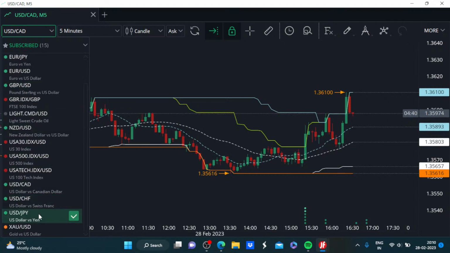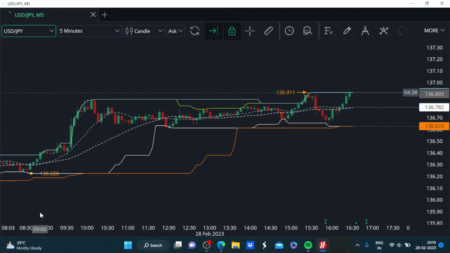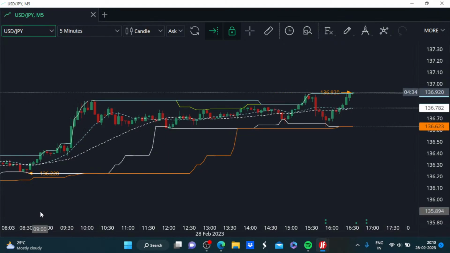So we have to now consider the USD JPY and USD CAD in particular for the trades in which we expect the dollar to strengthen further in the day and go on to make new highs. So that possibility can be exploited in USD JPY and USD CAD.